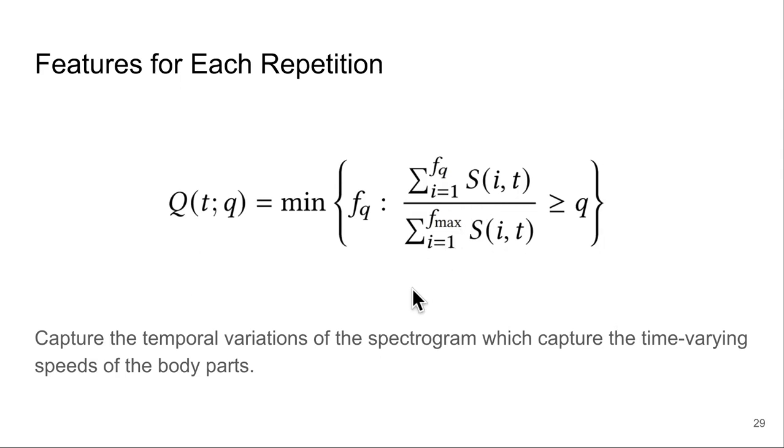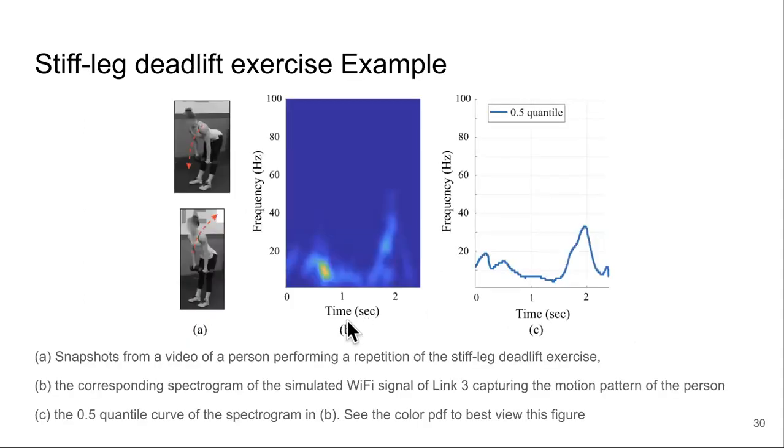So the intuition behind this equation is that it robustly captures the temporal variations of the spectrogram, which captures the time varying speeds of each body part. Specifically, the authors use 0.5 and 0.7 quantiles for each spectrogram, which capture the medium speed and high speed components of the motion over time, respectively.